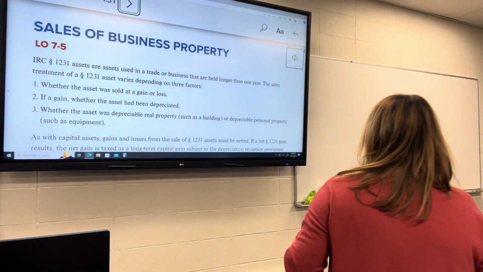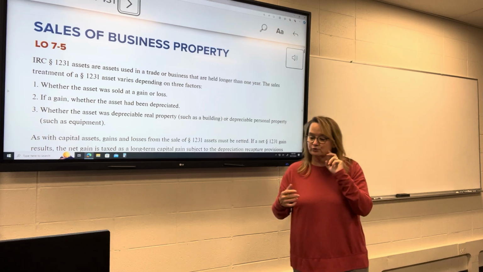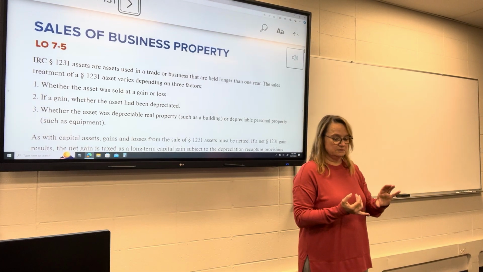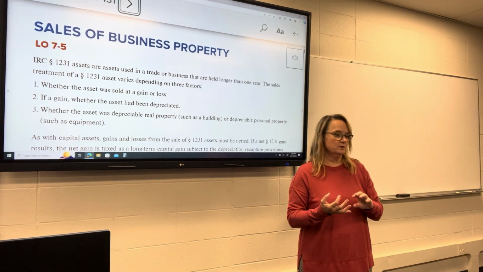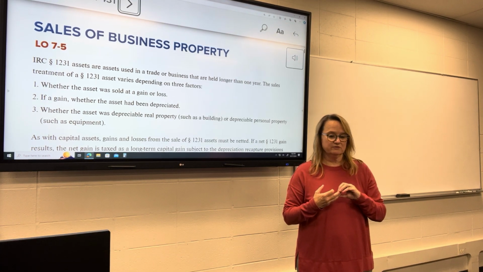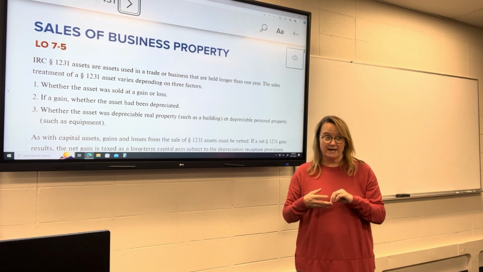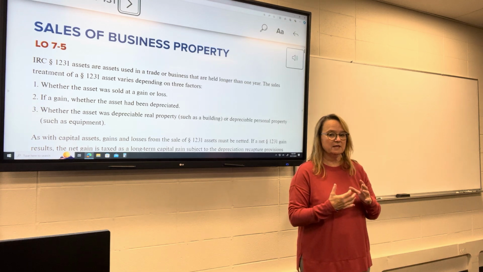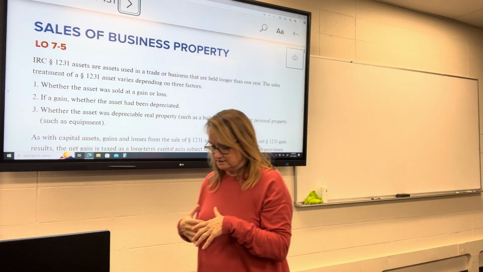So we've got two more learning objectives to cover in this chapter. We went through and talked about sale of ordinary assets, which remember are inventory, accounts receivable, notes receivable, that sort of thing. Short-term depreciable assets, so those assets that have been held for a year or less.